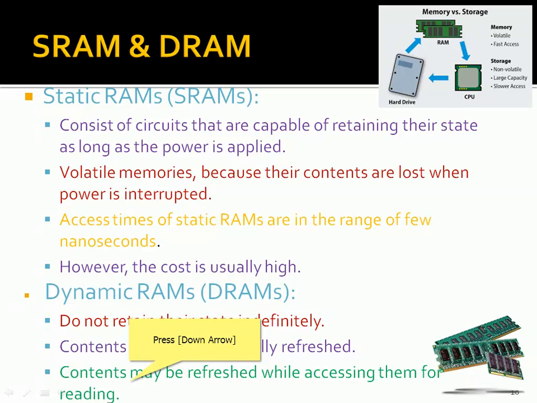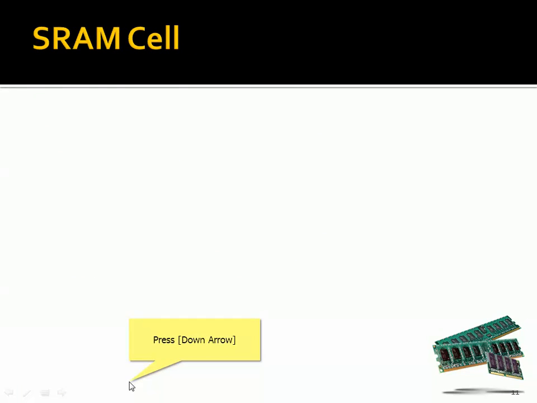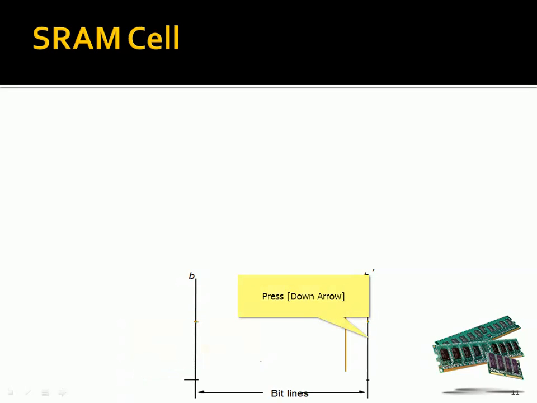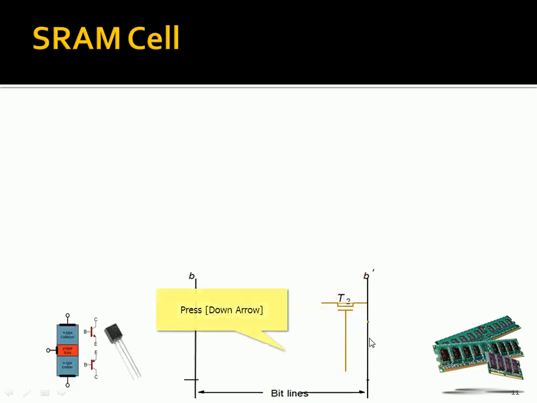Contents may be refreshed while accessing them for reading. Now we can observe the static random access memory construction here. There are two transistors, and their sides are connected to the bit lines, right? You might have heard of or seen that typical picture of transistors in most computer circuit diagrams, with NPN and PNP transistors.